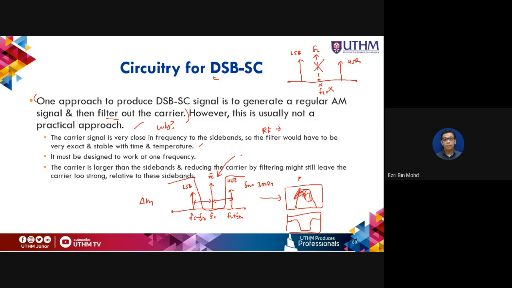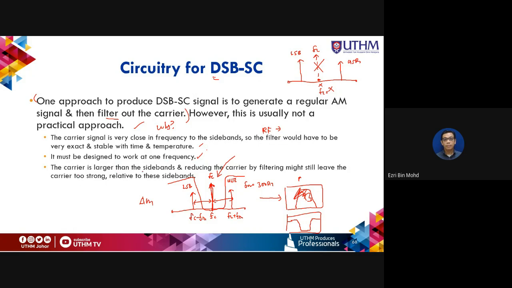It's very complex to produce that kind of filter. And it must be designed to work at one frequency, an RF filter operating frequency designed to eliminate the carrier element. So the filter is very complex to produce.